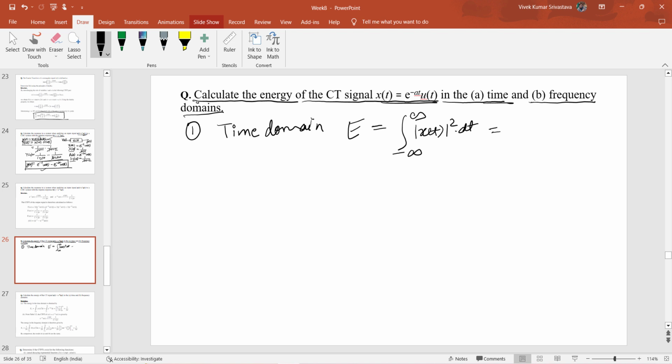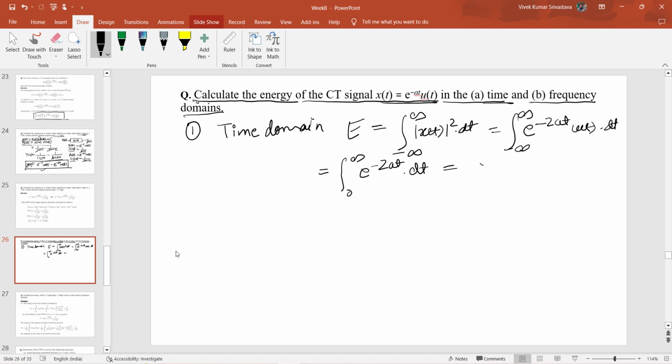Now we will put this x of t here. So this integral becomes the integral from minus infinity to infinity of e raised to the power minus 2at into u of t dt. This u of t will change the limit of integration from 0 to infinity of e raised to the power minus 2at dt.